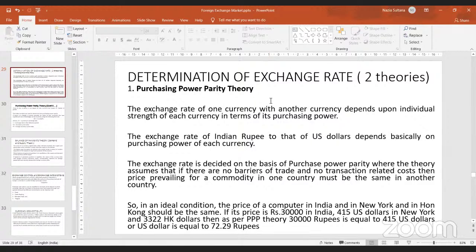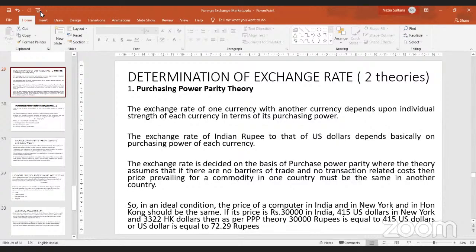The purchasing power parity theory, as the very word says, purchasing power. So the exchange rate of one currency is determined depending upon the strength of each unit of that currency in terms of how much can it buy, what can it buy. The theory has certain assumptions to it.